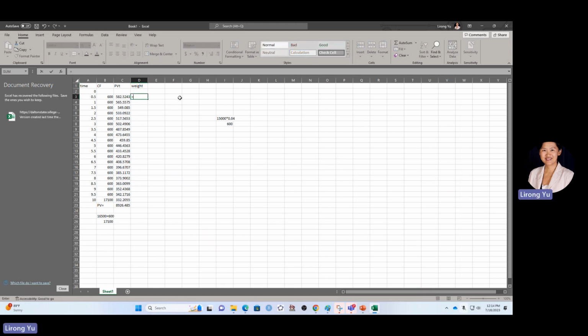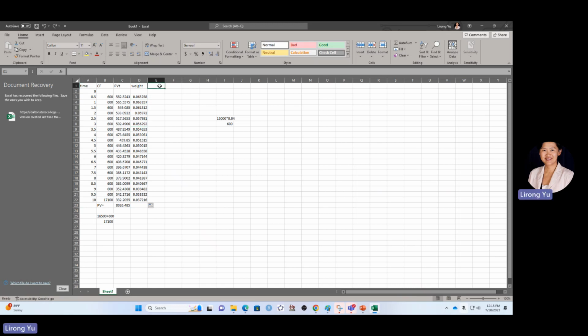So the weight is going to be the cash flow in C3 divided by the total that is in C23. That is the weight, so we're going to find the weight for every cash flow here.